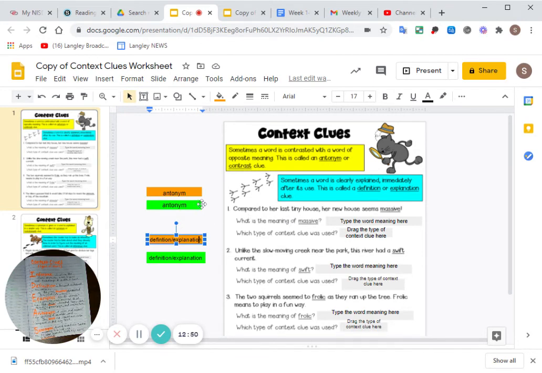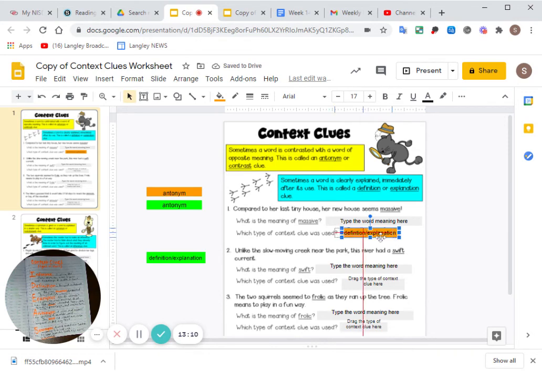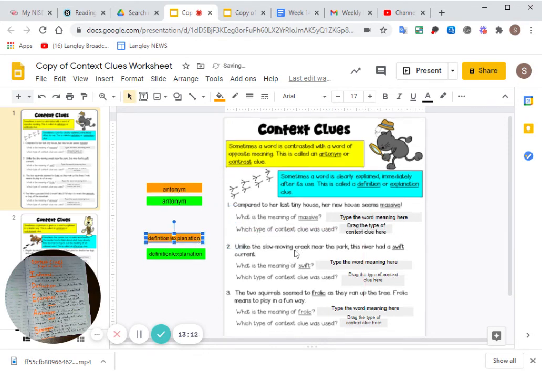So you have to decide in that sentence, did they give you an antonym that helped you figure out the meaning of the word massive, or did they give you a definition of the word massive? Whichever one you choose, you would drag that one over to that question there, just like how I showed you.